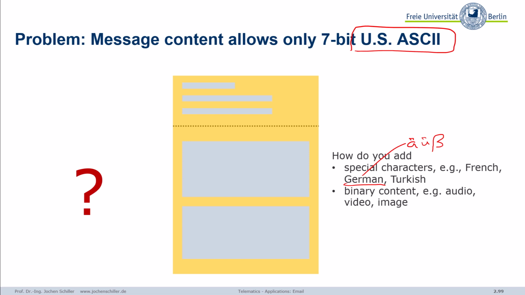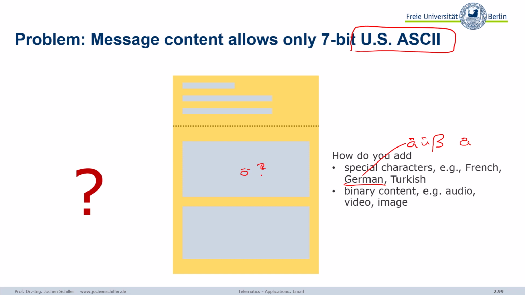Or in Sweden, you have a character like this one. And then there are even more characters, rather looking like drawings. So in French, in Turkish, and many other languages, cultures. So how do we add special characters? Because I want to write a name in here with an Ö. And this is not part of the ASCII character set. So what do we do there? But we like to do this because this is part of the culture.